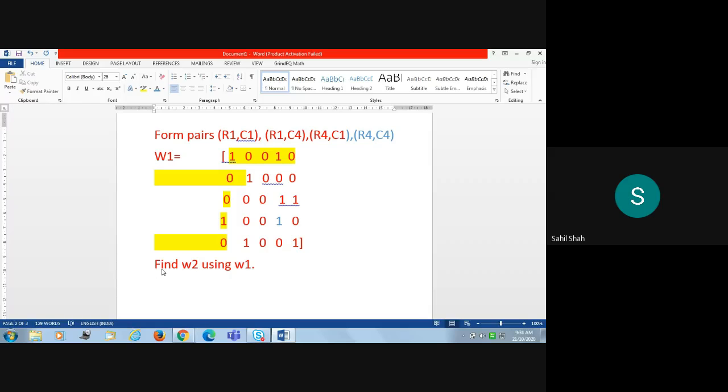Roll number 36. Do we have roll number 36? Yes. Rutuja, can you tell me how to find W2 using W1? Which row and which column need to be observed?